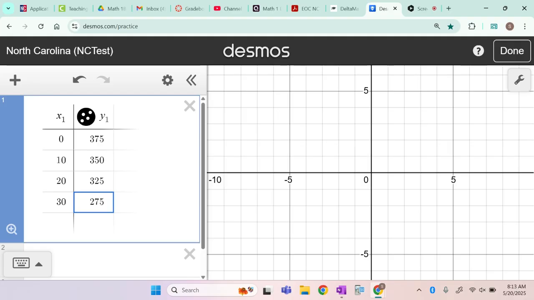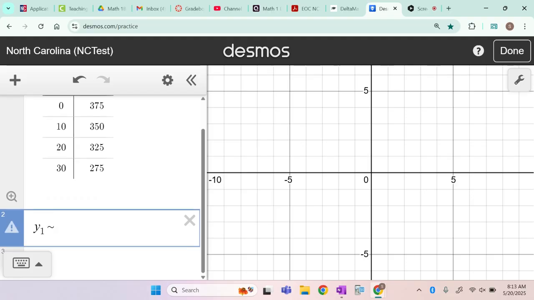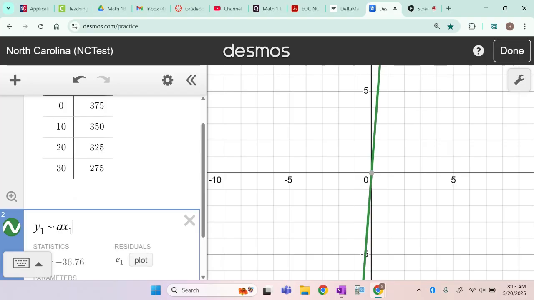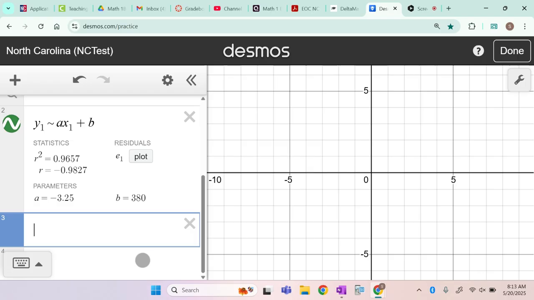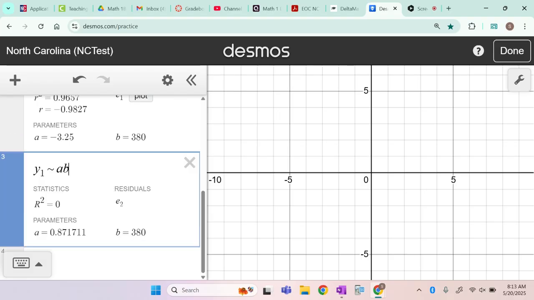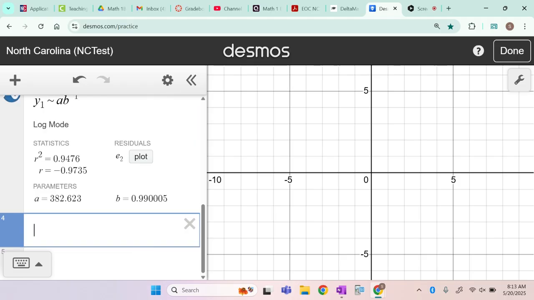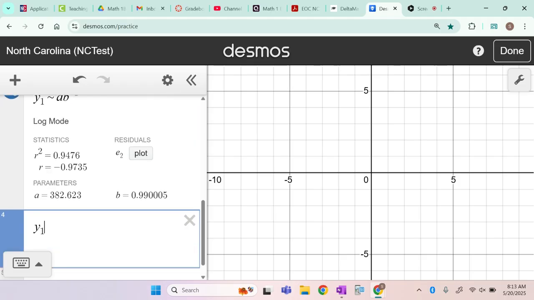Once you get your table, go ahead and plug in the 3 different equations as well, so that you can see which one's the best fit. So do the linear one, the exponential one, and the quadratic one.